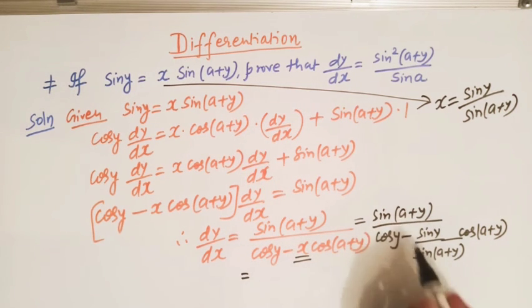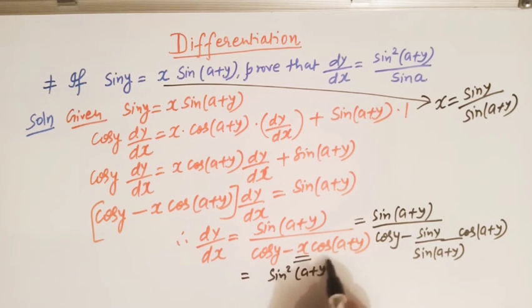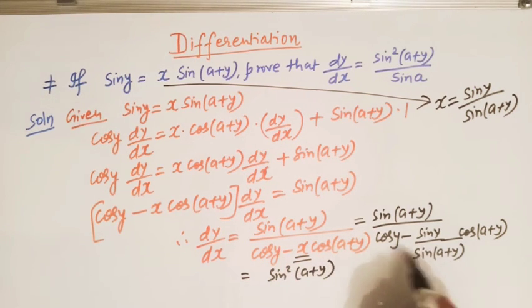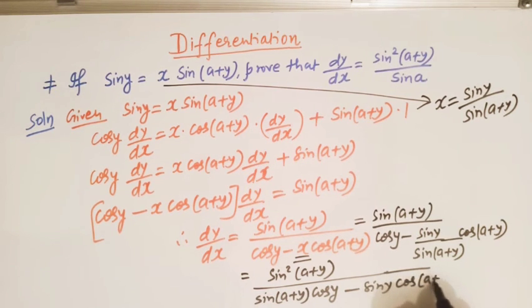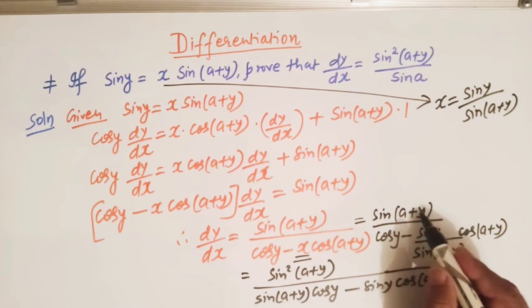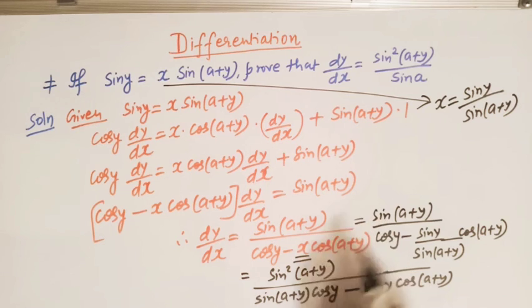Now this is sin square(a plus y) because we are taking the LCM here, and we have sin(a plus y) cos y minus sin y cos(a plus y), and this sin(a plus y) goes to the numerator and it gets multiplied with this term, so we have a square term here.